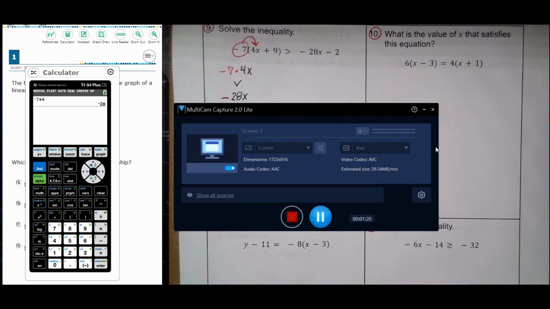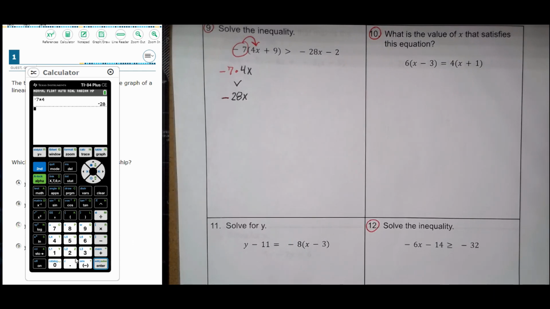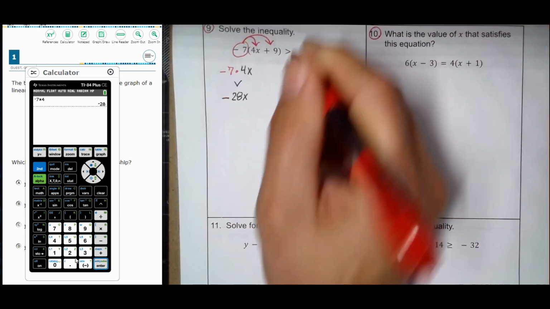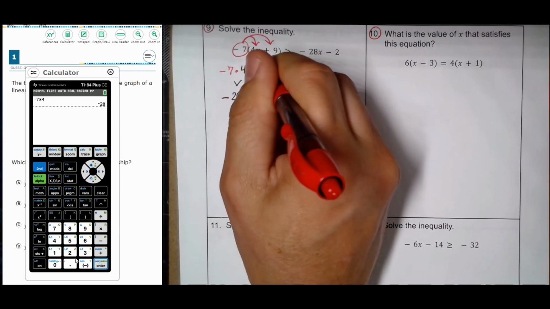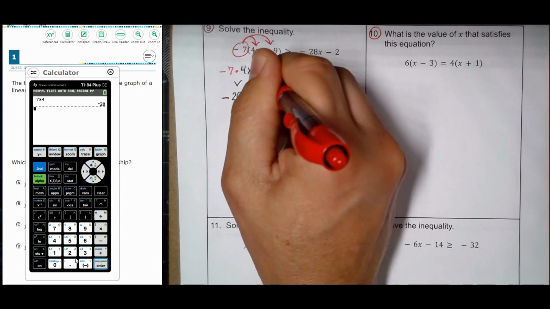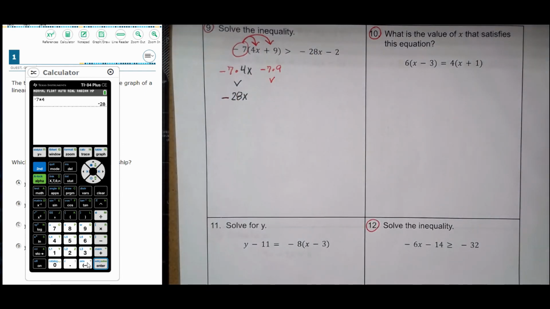All right, so now what we're going to do is we're going to go ahead and distribute that negative 7 to the positive 9. So negative 7 times positive 9. So I'm going to get my calculator and I'm going to do negative 7 times 9. And it gives me negative 63.